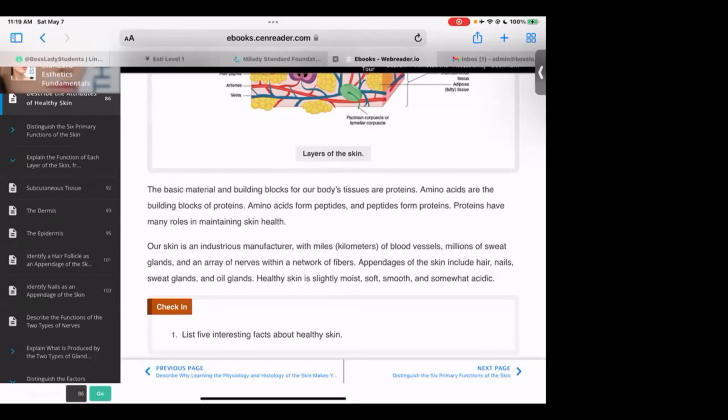When you're performing a skin analysis, the touch, the feel, the way it looks, all of those things are visual cues for you to determine if it's moist, soft, smooth. You can't tell if it's somewhat acidic based on touch or anything like that, but ultimately that's what you're performing in a skin analysis, and that's why it's important to do so.